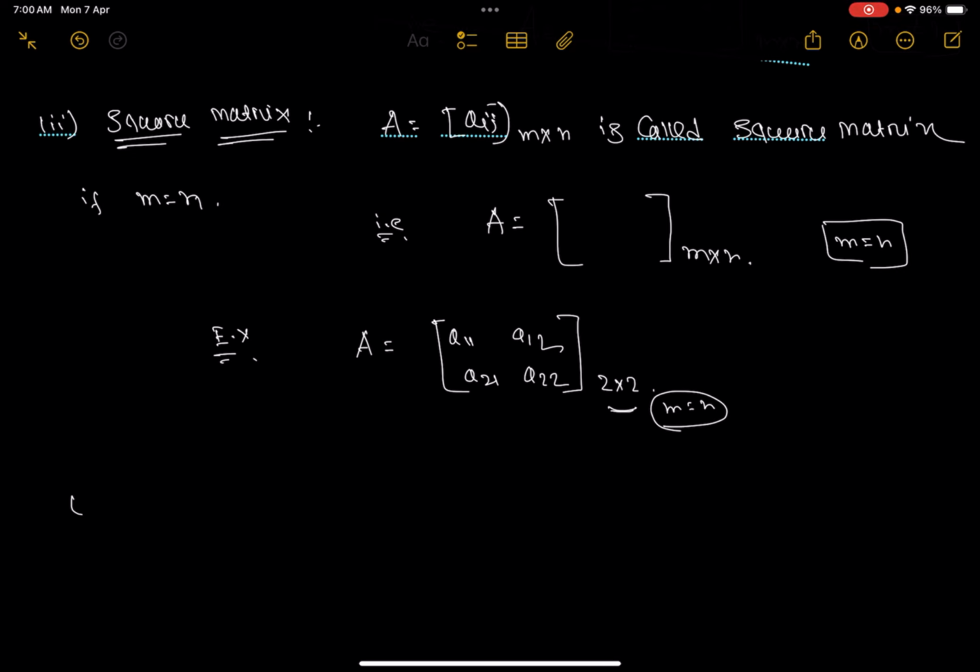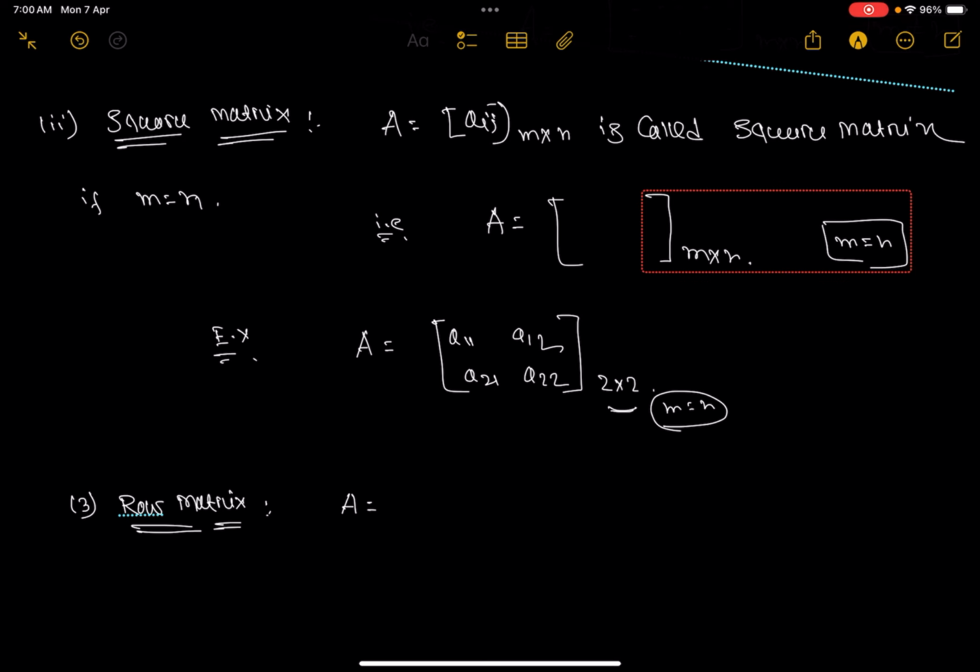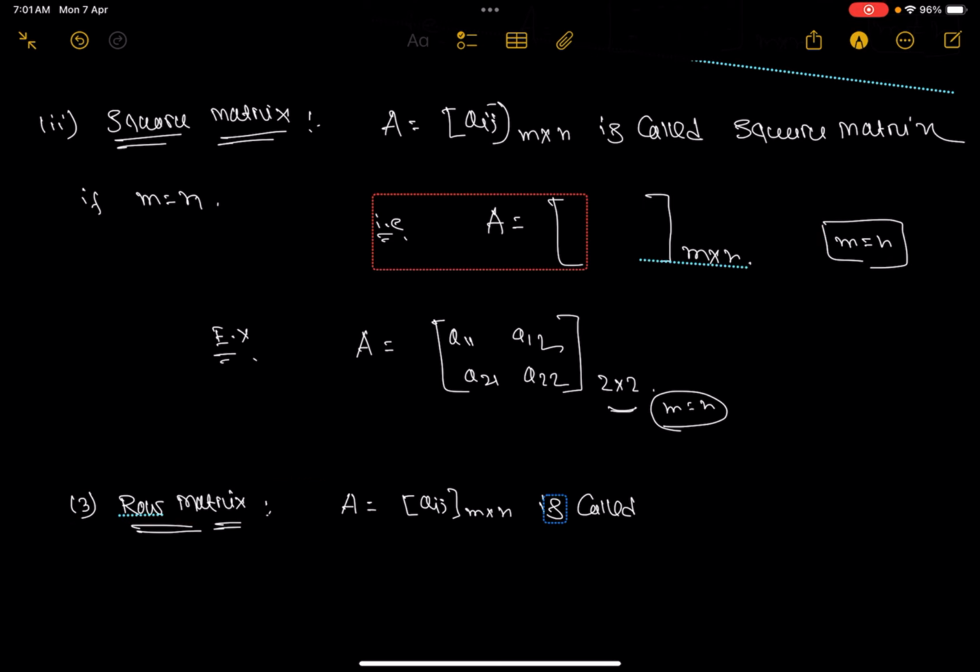After that, number 3, the row matrix. What is a row matrix? A matrix A equals Aij of m cross n is called a row matrix if m equals 1. m should be one.